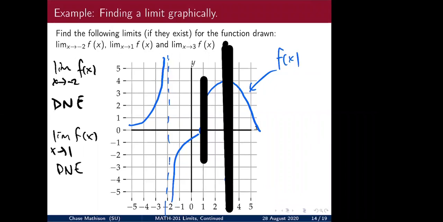If we look at this as x approaches positive 3, now it's obvious, right? Because we're ignoring that point at the bottom, it's obvious that f is approaching positive 4, right? So the limit as x approaches 3 of f of x is equal to positive 4.